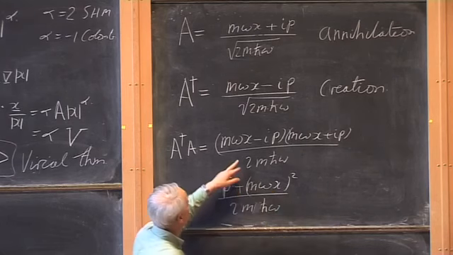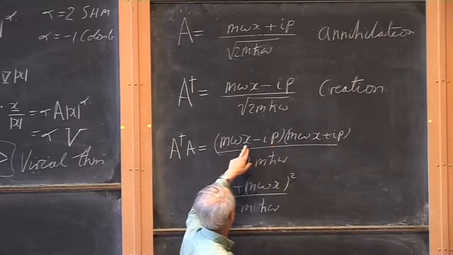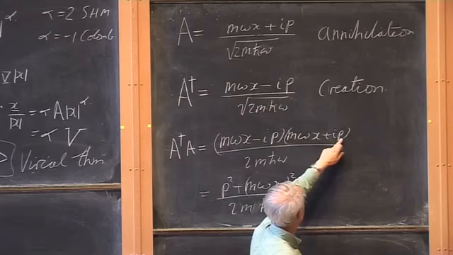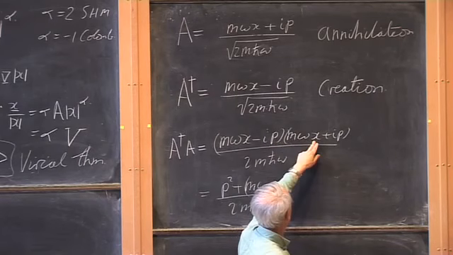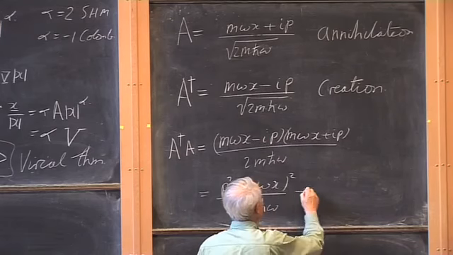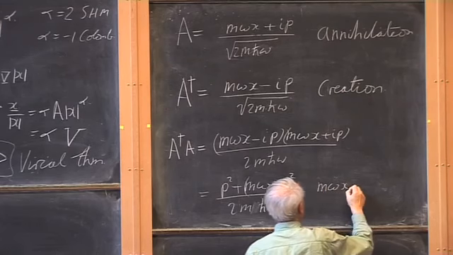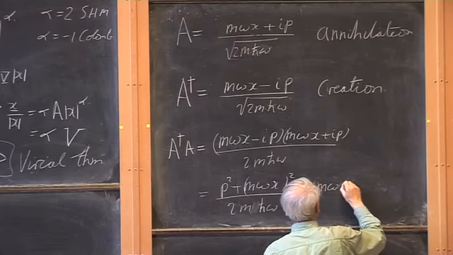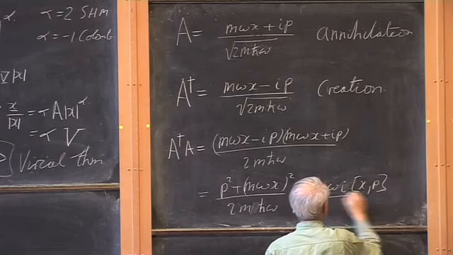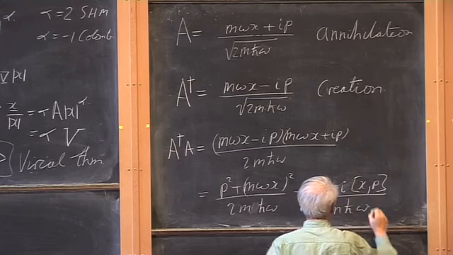And then we have some additional terms which would cancel in classical algebra but don't now, because we have an m omega x times ip, and here we have a minus ip times an m omega x. So the additional term is m omega i times the commutator of x comma p, and it's again over 2m h bar omega.